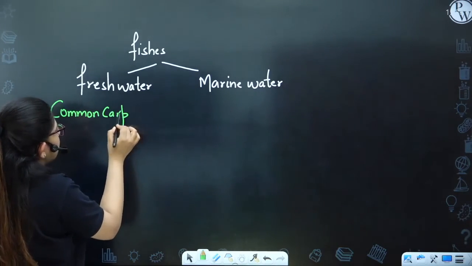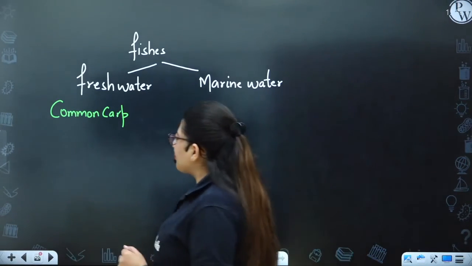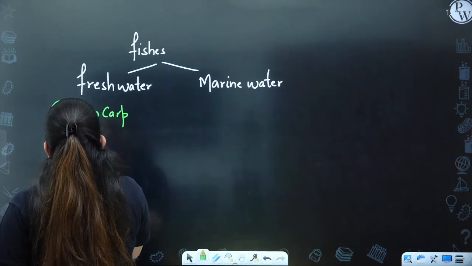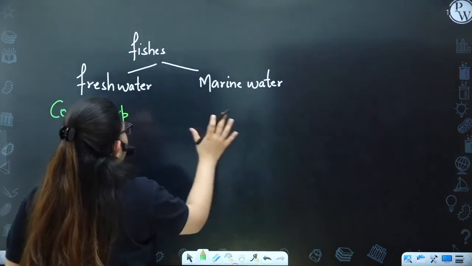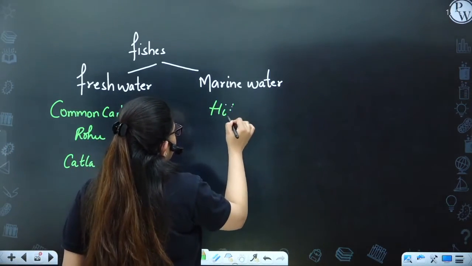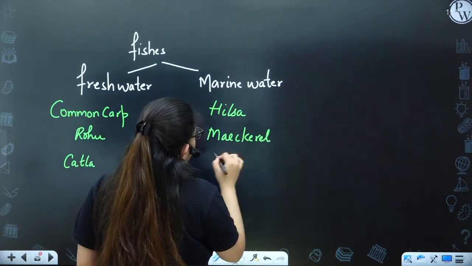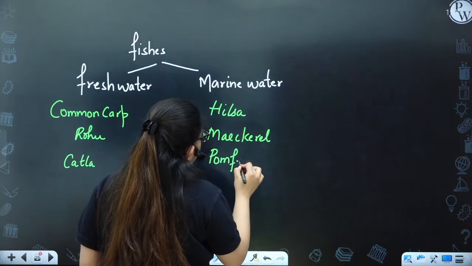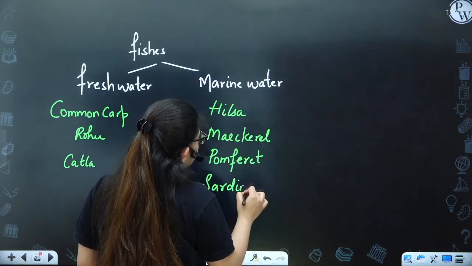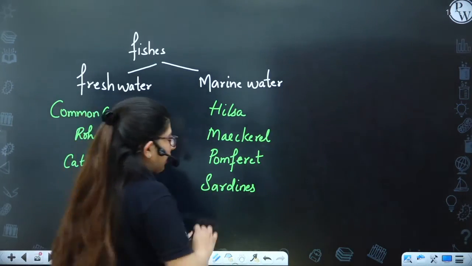Most of you must eat fish, so while you're eating fish, you should know what fish you are eating, right? Rohu, you also eat katla. And if I'm talking about marine water fishes, we have hilsa, mackerel, pomfret, sardine. These are some of the common fishes that people eat nowadays, even salmon.